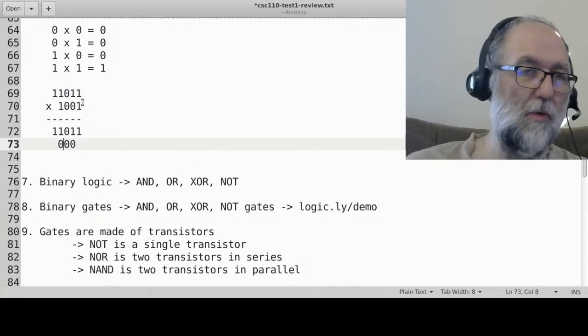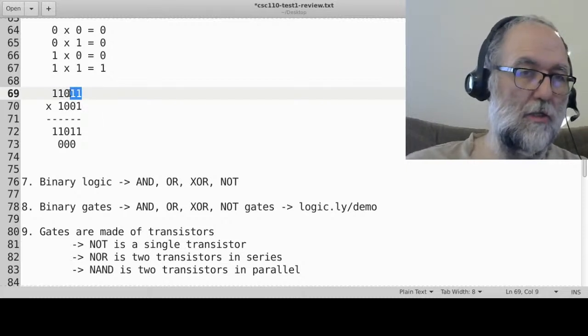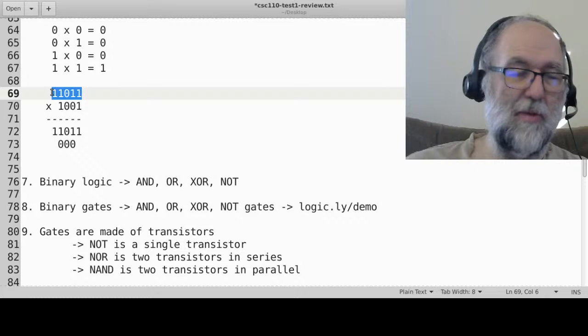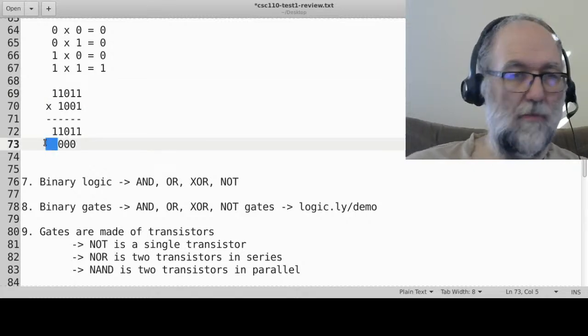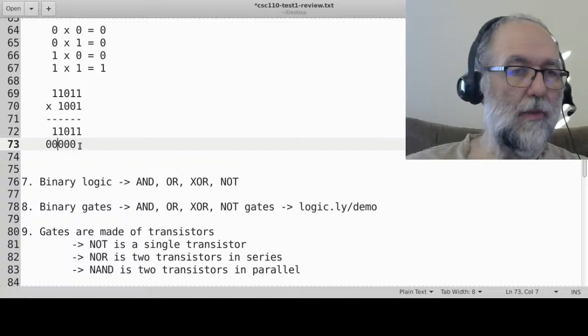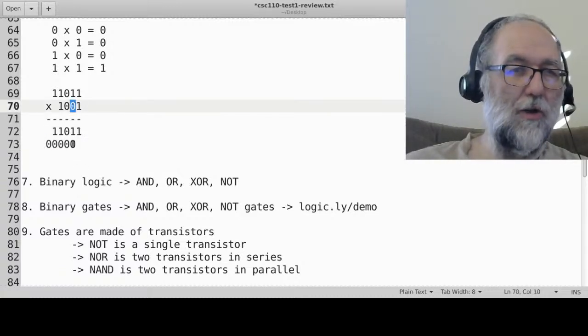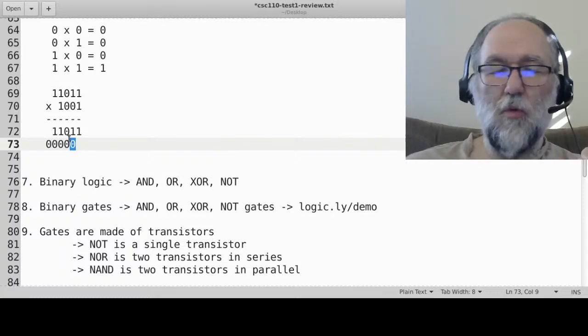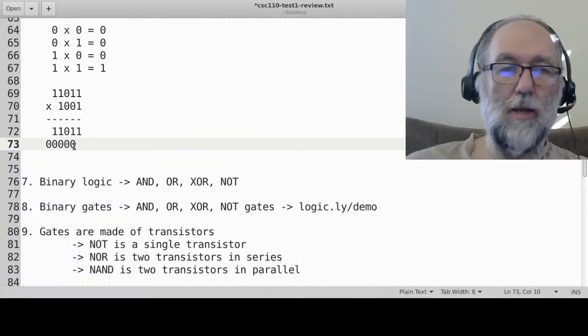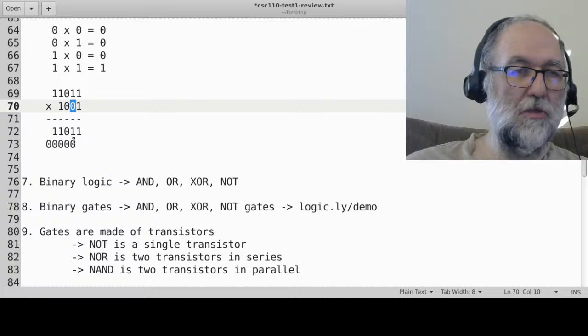That number has 5 bits in it: 1, 2, 3, 4, 5 bits. If you multiply each bit by 0, you're just going to get 5 zeros. And there they are. Notice that I've bumped over to the left one column, and that's because that 0 is in the 2's column, so you start that one in the 2's column.